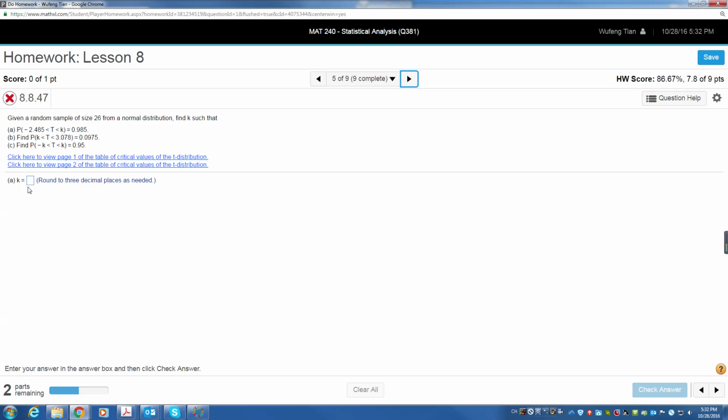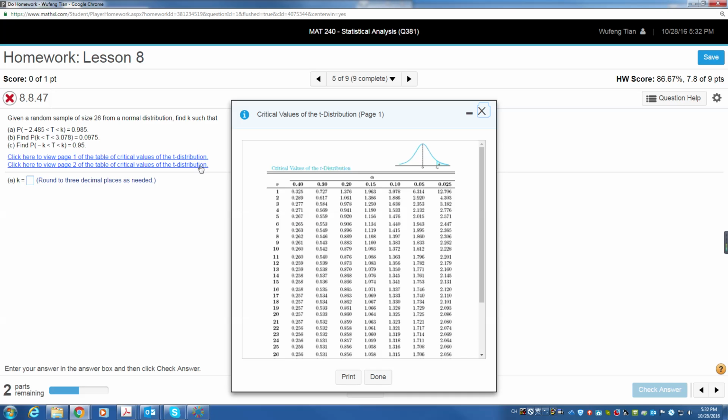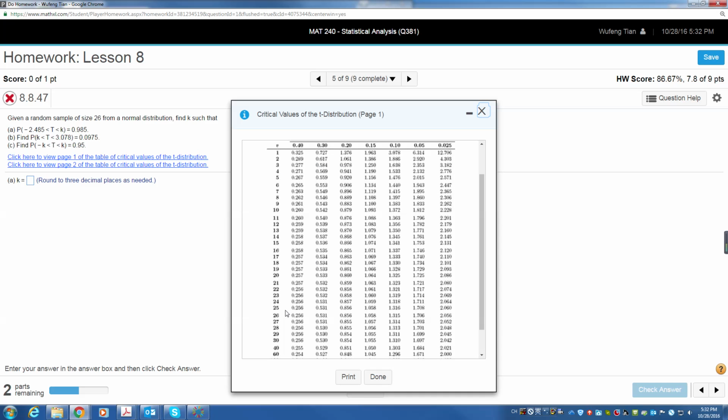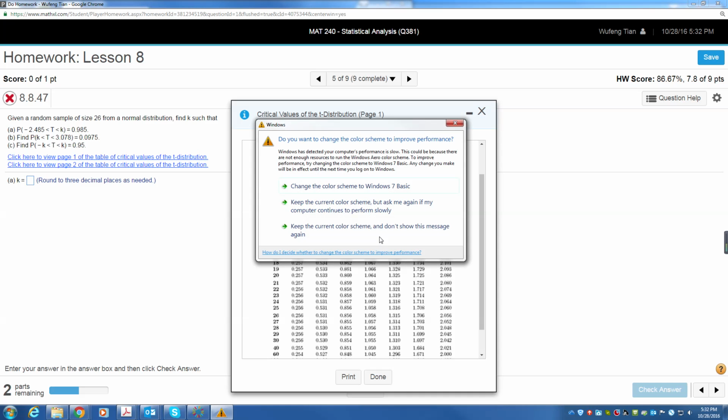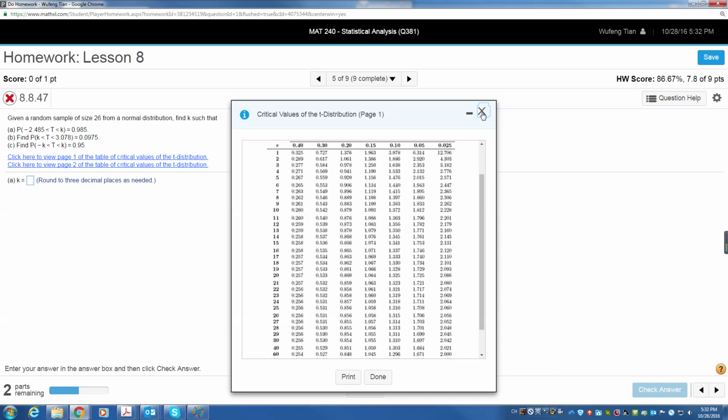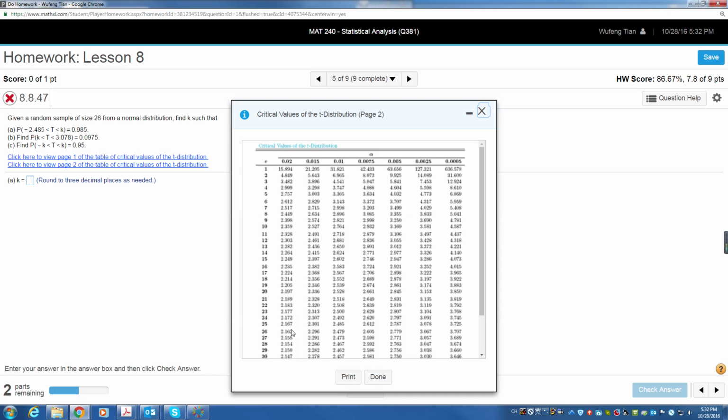Question 5 is very similar to the previous one. What you need to do is find the point for negative 2.485, with 25 degrees of freedom... since the sample size is 26, the degrees of freedom is 25. So at 25, 2.485 is right here.